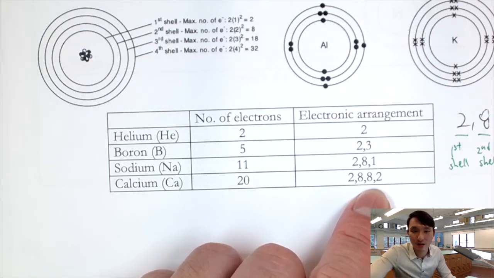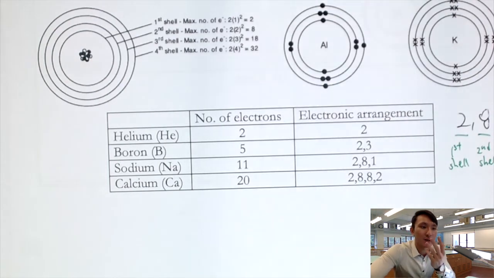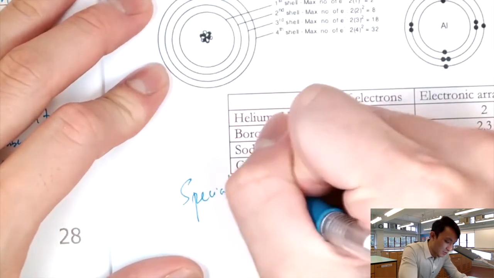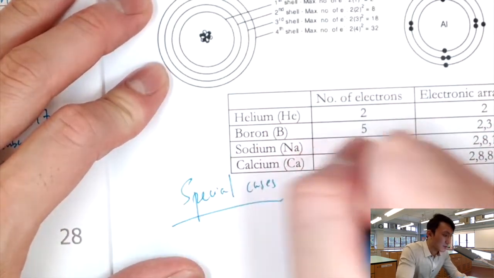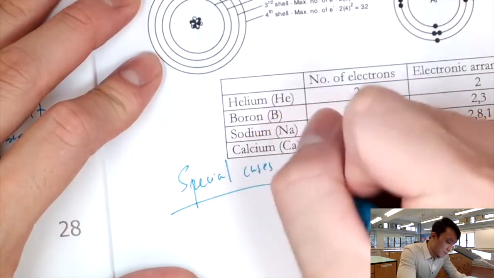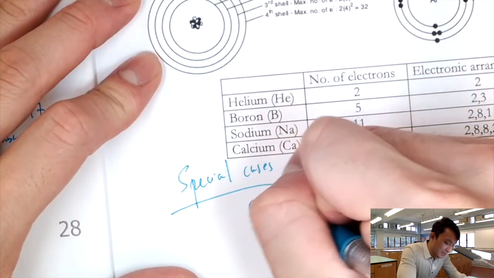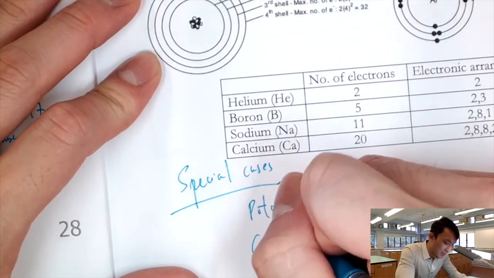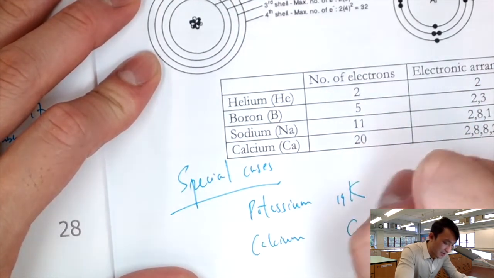It's a special case. There are two special cases in DSE which you need to memorize, which are potassium and calcium. Okay, so let's put it down here. Special case. First of all, it is potassium, K number 19, and also calcium, Ca number 20.